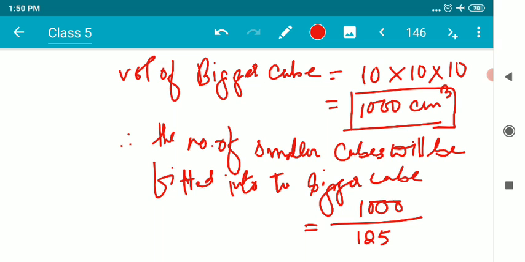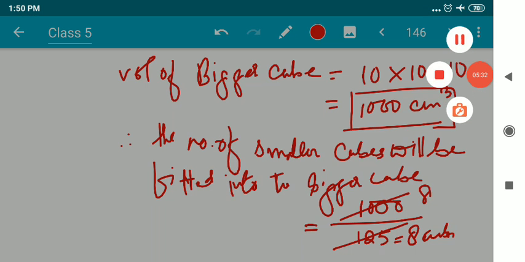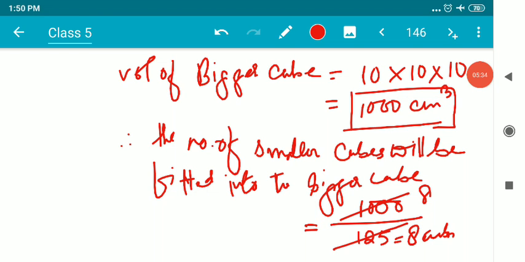So naturally, the volume of the bigger cube should be divided by the volume of the smaller cube. So I'm going to cancel it out. It will be 8. 8 125s are 1000. So the number of cubes that will fit into this bigger cube is 8 cubes. That is the answer.